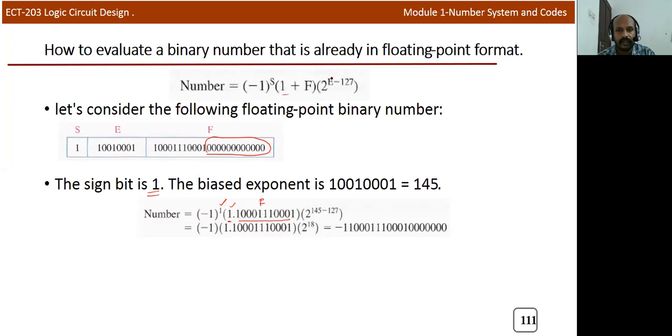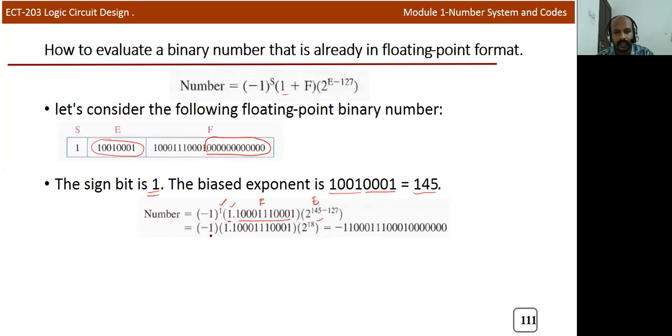If you take the exponent part and convert that exponent value into decimal, it becomes 145. This binary sequence is equivalent to 145, so in place of e we write 145 minus 127. When you do this calculation, you will get 18 here.